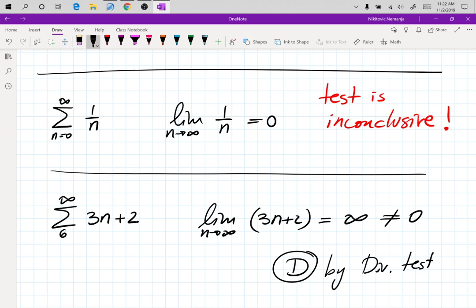Very important to know that when the limit ends up being 0, the test is inconclusive. You cannot claim convergence with the divergence test, guys. It makes no sense. If you say it out loud, you see how ridiculous that is. Converges by divergence test?